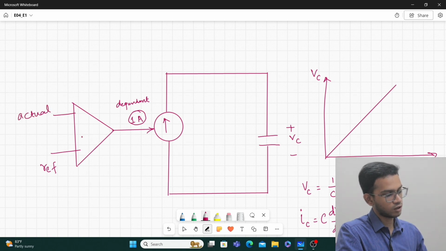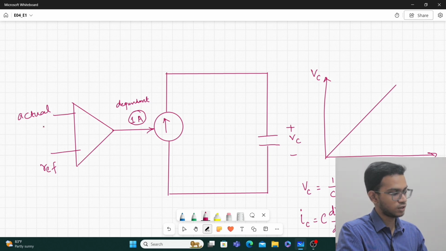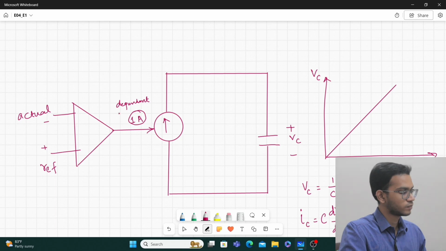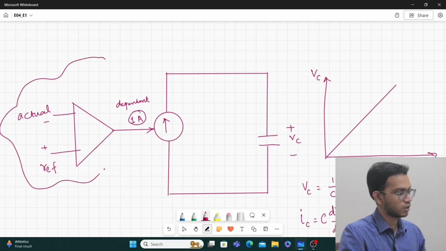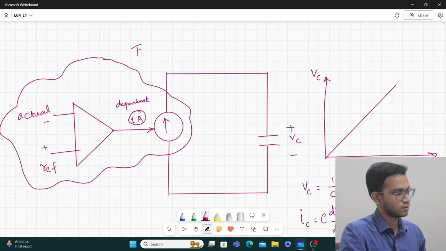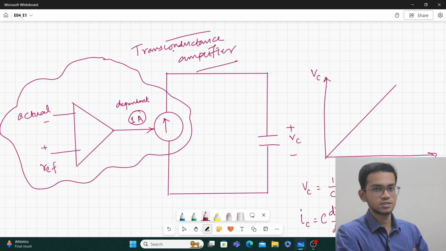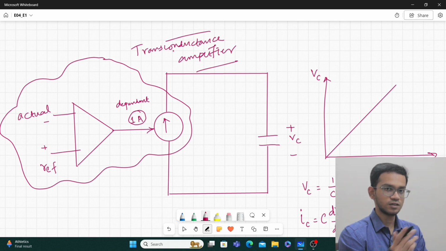If this is able to control the magnitude of this current, then the difference between this reference and actual will decide the magnitude of this current, whether this should be 1 ampere or 0.5 ampere, and so on. So this is nothing but a transconductance amplifier. If this is your capacitor, then this is your transconductance amplifier. This scenario was discussed as a part of the system in the previous video.